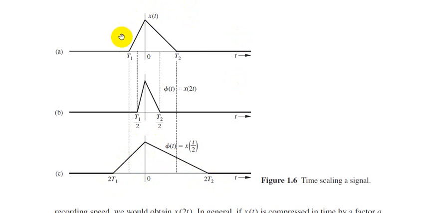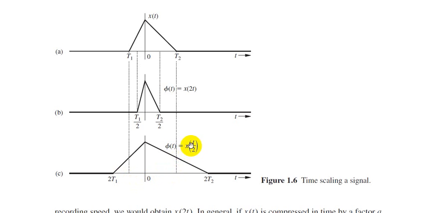Okay, so this is the actual signal and this is the expanded version of this signal. Now you can see here, the duration from t1 to t2 has become double of this duration. That means the signal is expanded. And for this expansion we are making the actual signal into double of its size.